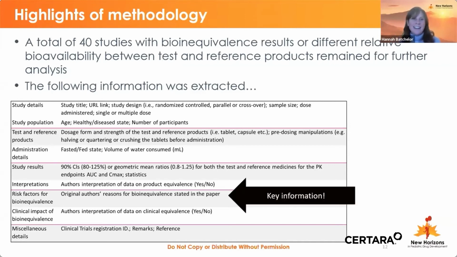Just to highlight that the major thing of interest in this presentation was that we tried to identify from the literature the source or the reason for the bioinequivalence that was observed. And for this, we extracted the information that had been proposed by the authors in the original documents that we reviewed.